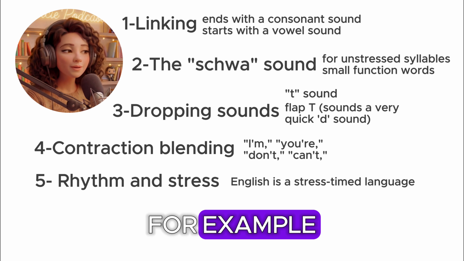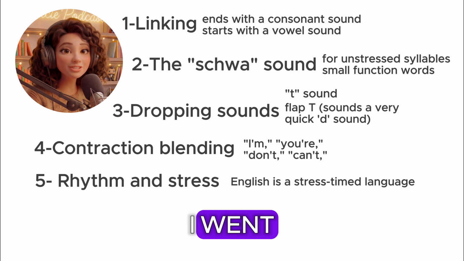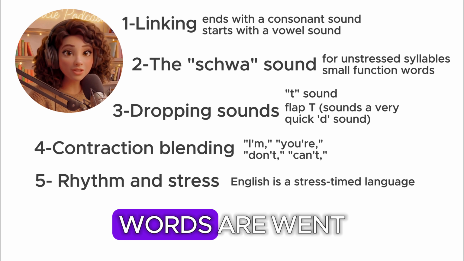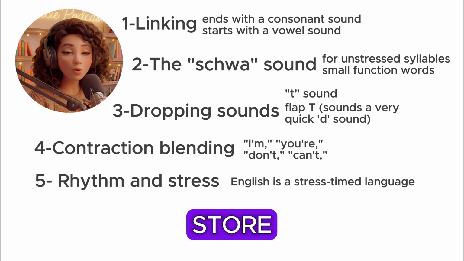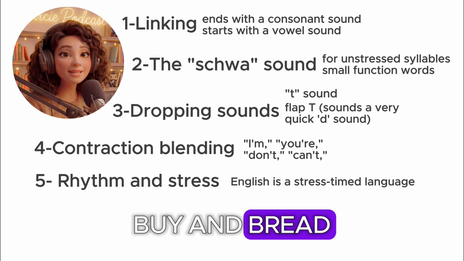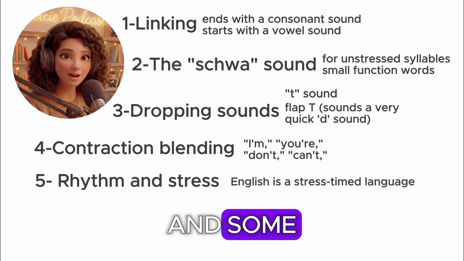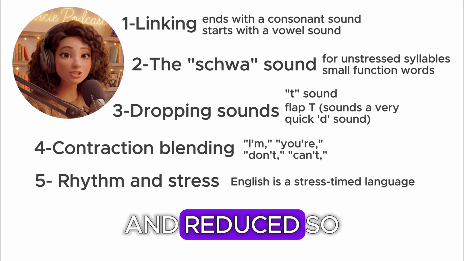For example, in the sentence, I went to the store to buy some bread, the stressed words are went, store, buy, and bread, while words like I, to, the, and some are unstressed and reduced.